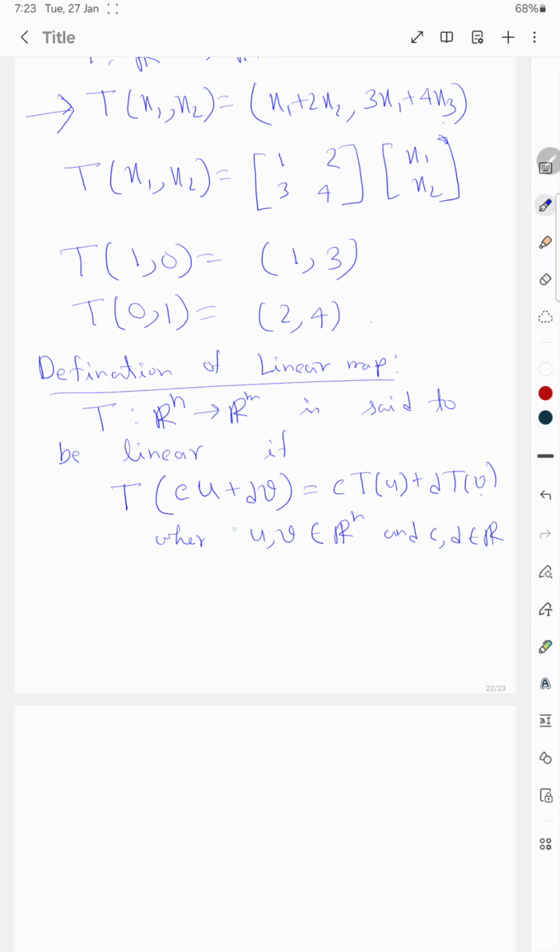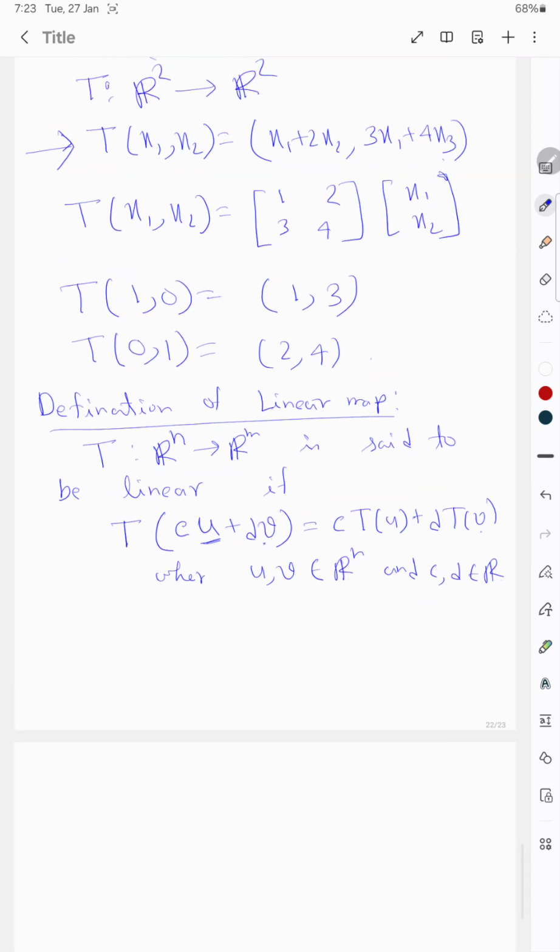So if you apply this, u and v are elements of Rn. To check whether the operator I have written here is linear or not, consider two elements. Suppose I take T of c times x1 comma x2 plus d times y1 comma y2.